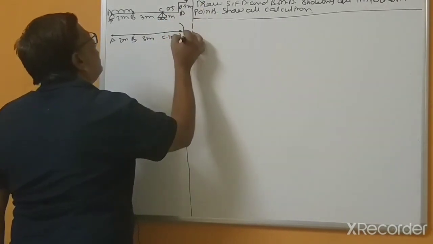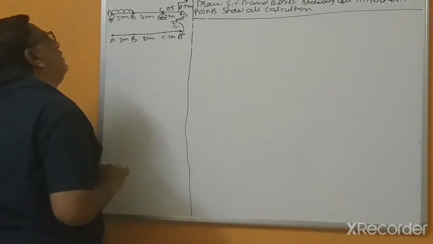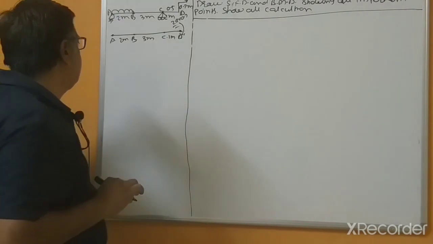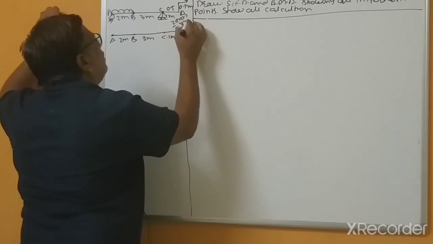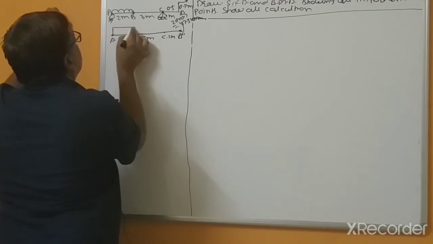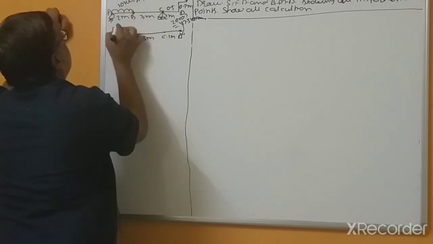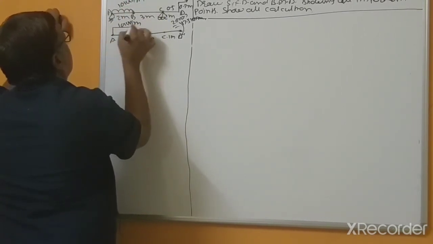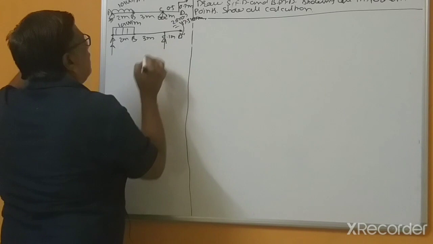Because of such loading, 25 into 0.7 is clockwise, so the moment acting is 25 into 0.7, which is 17.5 kilonewton meter, and this uniformly distributed load is 10 kilonewton per meter. This is rectangular type, with supports RA and RC.